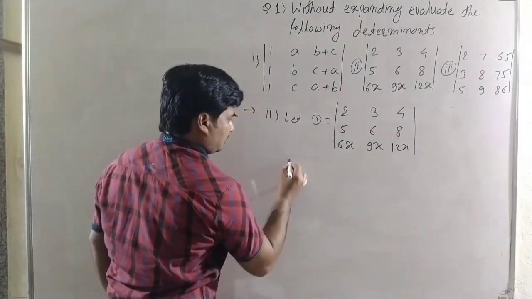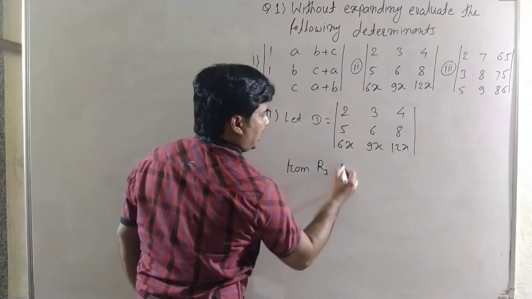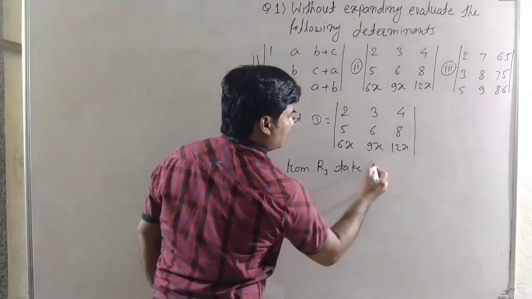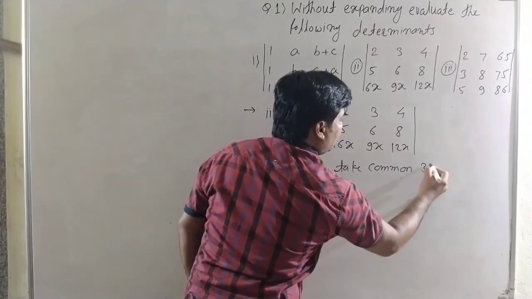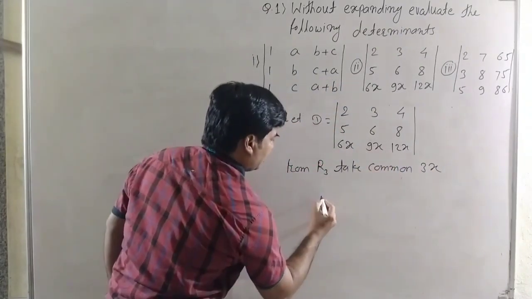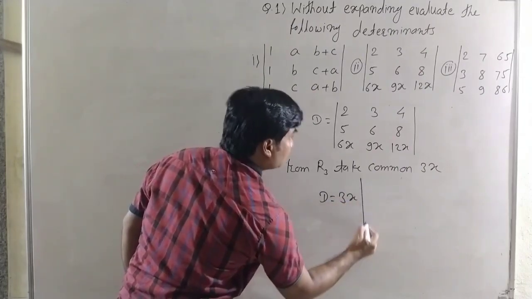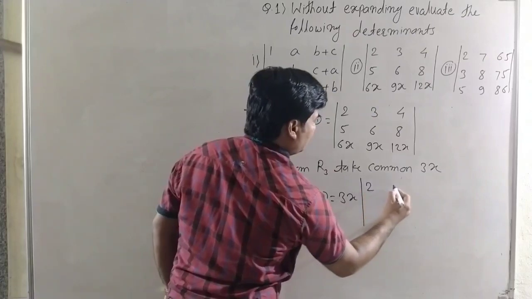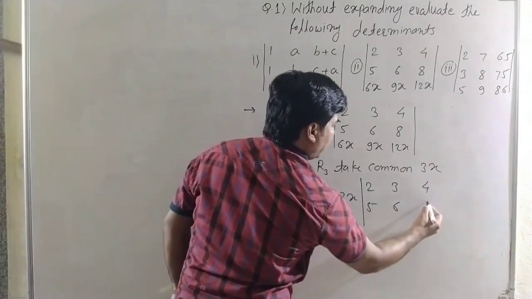From row 3, take a common 3x. Then we get 3x into the determinant, first row as it is 2, 3 and 4, then 5, 6 and 8.